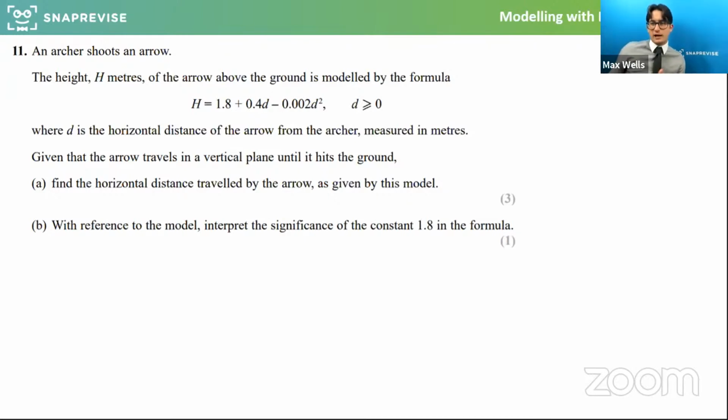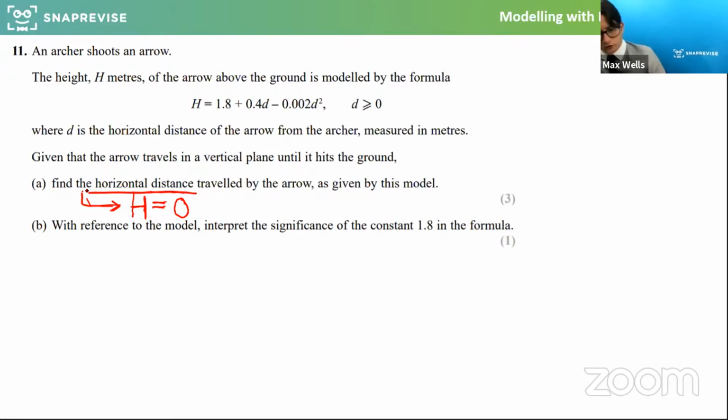So you can almost imagine how this will tie in with mechanics already. If we want the horizontal distance, this is very mechanics based, very like the projectile stuff you do. Is everyone happy that the horizontal distance is when h equals 0? That's what they're telling us, that the height above the ground is 0 when it gets to its horizontal distance, when it hits the ground, when it stops. Does that make sense?